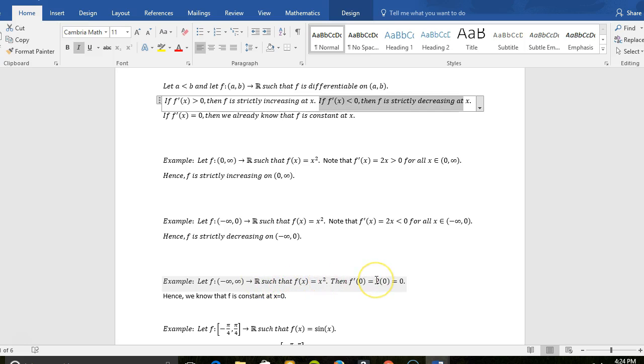Then f prime of 0 equals 2 times 0, remember f prime of x equals 2x for all x, which is just 0. So we're constant there, by our comments up here.